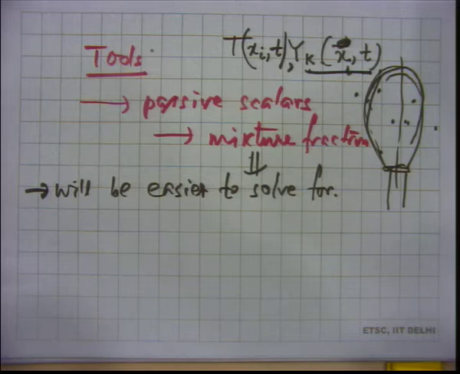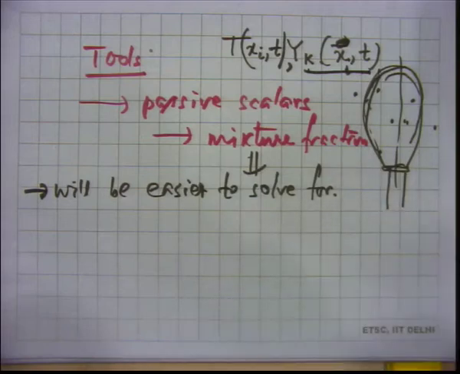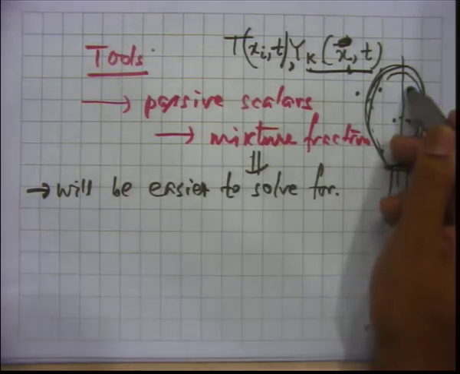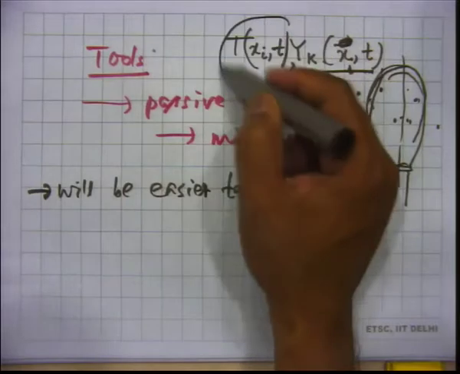Okay. So, that means you have this flame, so this x1, x2, x3 and time. At one place to the other, how does mixture fraction vary? If you are interested in that question, then you will try to set up an equation for mixture fraction and then solve it. Okay. Just as if you are interested in temperature, you will try to set up this differential equation for temperature, set up boundary conditions, and then try to solve for temperature at various points, so that you can get temperature as a function of xi and t.